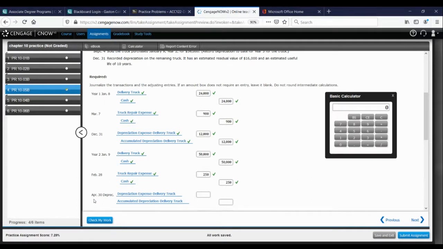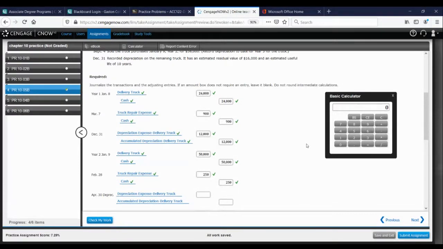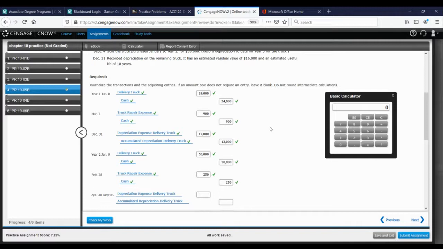Because we're using the declining balance method, what you have to do is determine the book value and then base the depreciation on that book value that was at the end of year 1. So the book value to start with in year 1 would have been equal to the cost of the asset, and the delivery truck cost us $24,000.